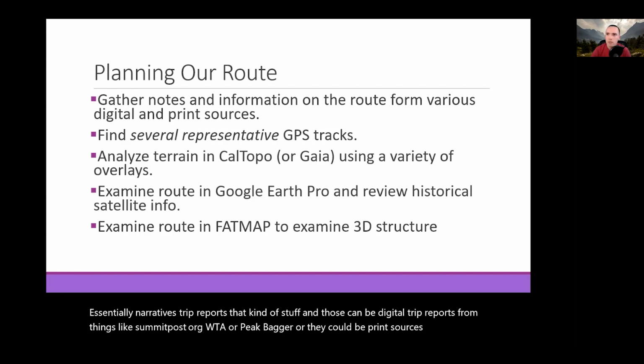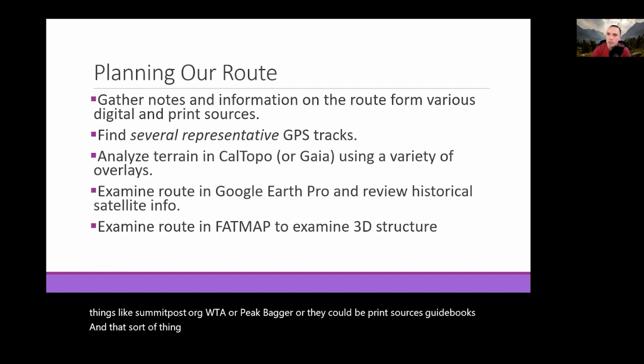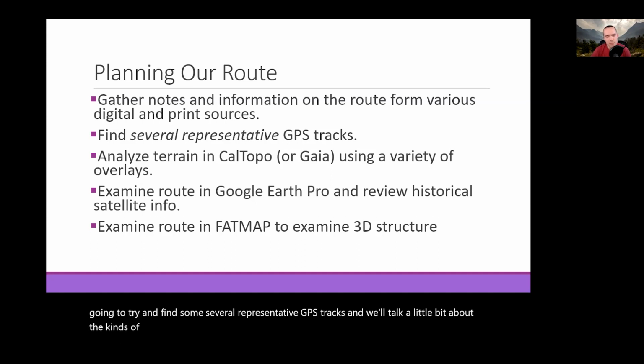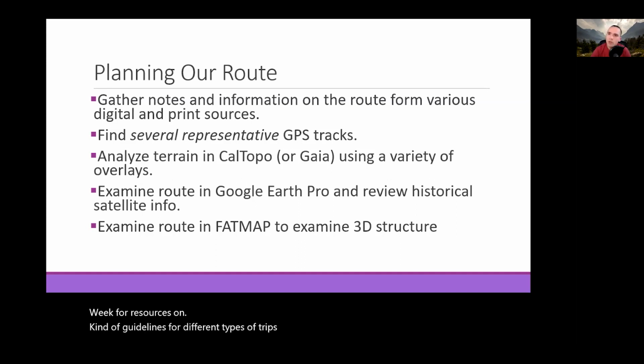So gathering notes and information about the trip. Then we're going to try and find several representative GPS tracks, and we'll talk a little bit about the kinds of criteria. That reminds me, there's a handout in the week 4 resources with guidelines for different types of trips that you might want to refer to. But we'll cover it here in class.